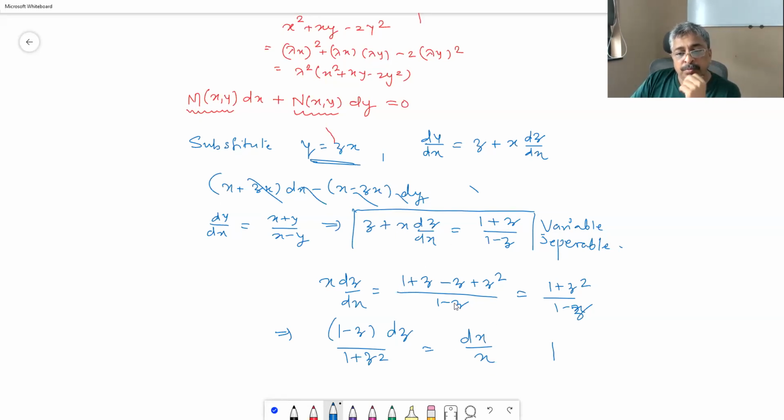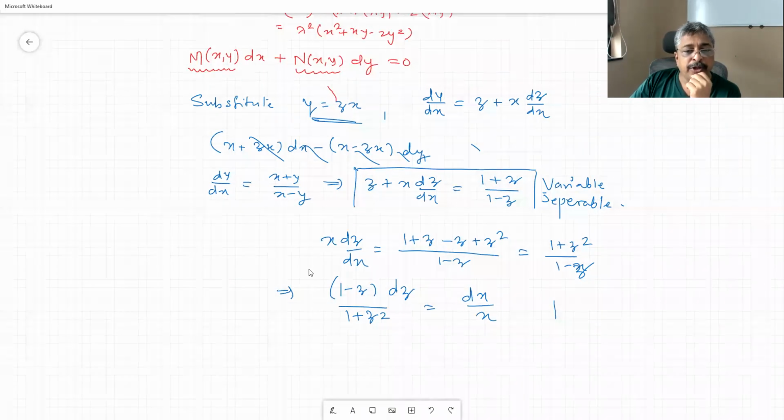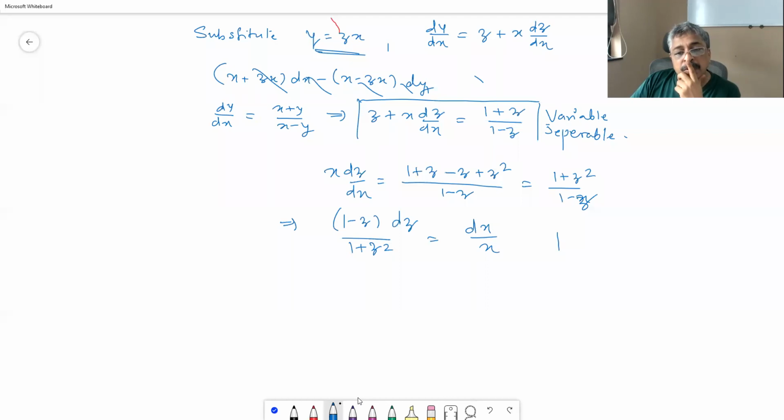So if you simplify this and try to do variable separable, you will get this equation eventually, and you should solve it. After integrating, we have to separate these two terms. 1 upon (1 plus z square) gives tan inverse z, and z upon (1 plus z square) gives half log (1 plus z square).